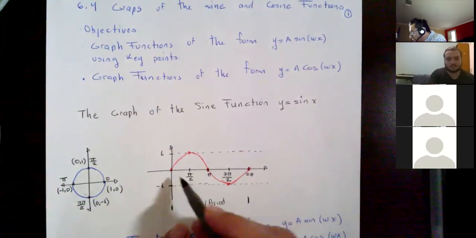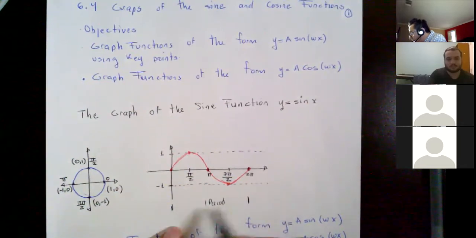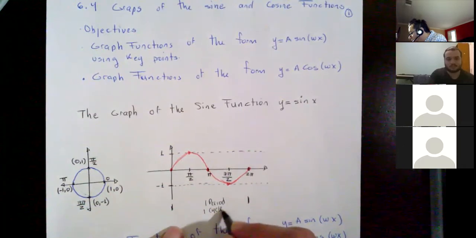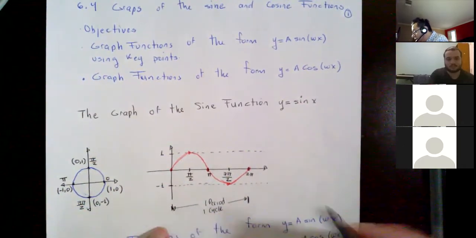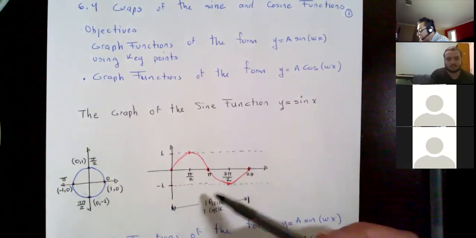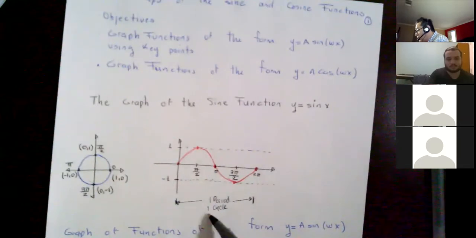The period of the sine is 2 pi, and one period or one cycle, I'm going to be using this term right now. Here, one period equals 2 pi, and one cycle is also 2 pi.